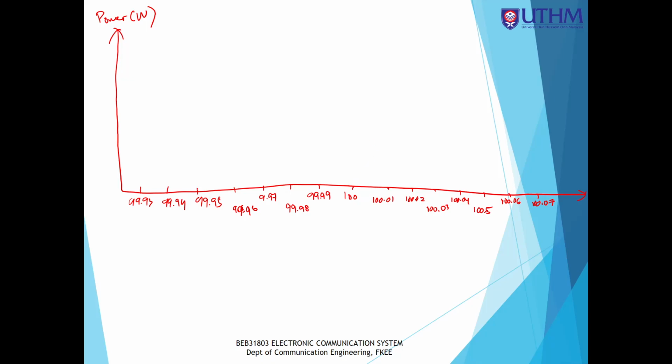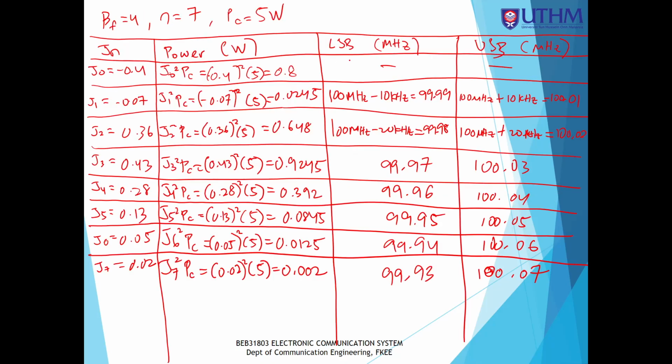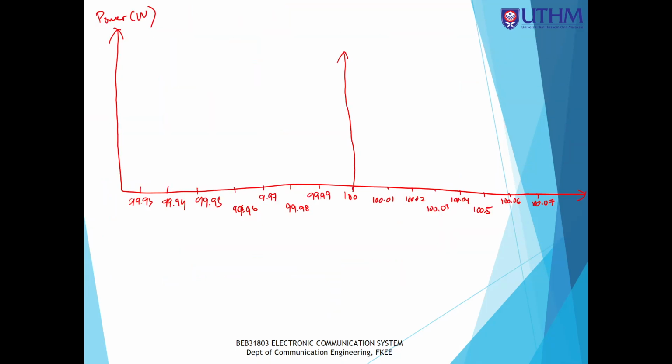So the first one is 0.8. You can say that 0.8 is somewhere here. Okay, and then here is 0.025, which is very small. So this is 0.8, here is 0.025.